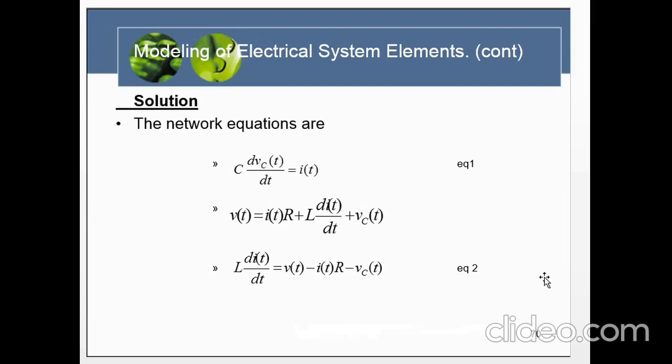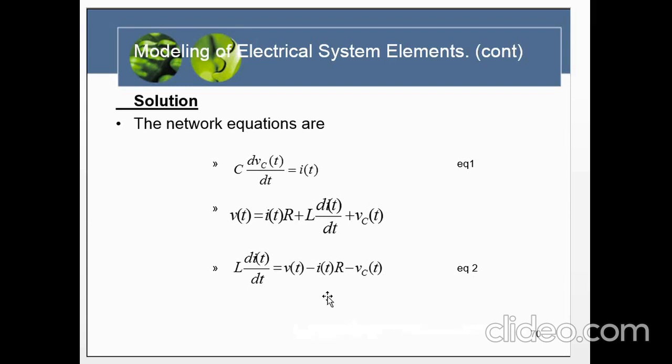Okay, and then based on Kirchhoff's law, we get that the current flowing in the capacitor is equal to C dvc(t) per dt, and v(t) is equal to R i(t) plus L di per dt plus vc, or we can write that L di per dt equals v(t) minus i(t)R minus vc(t).